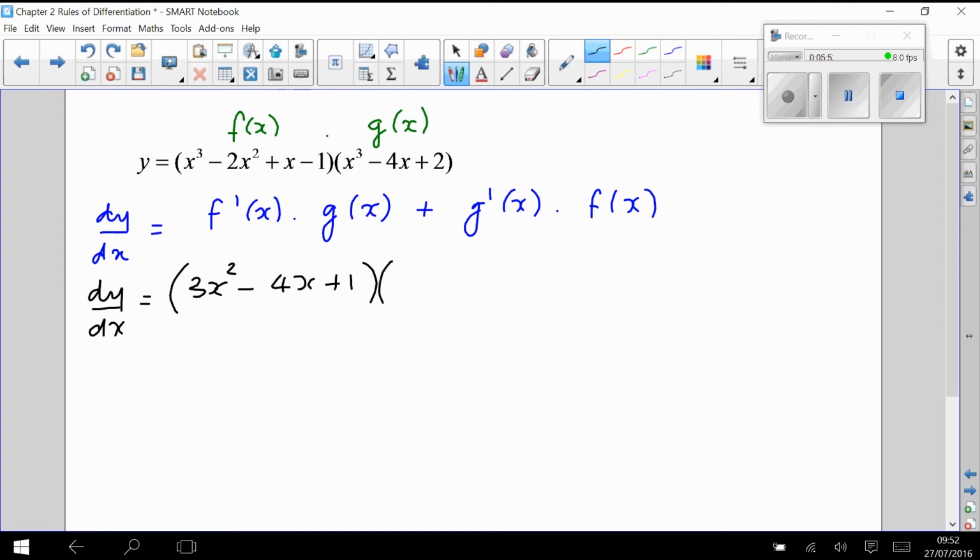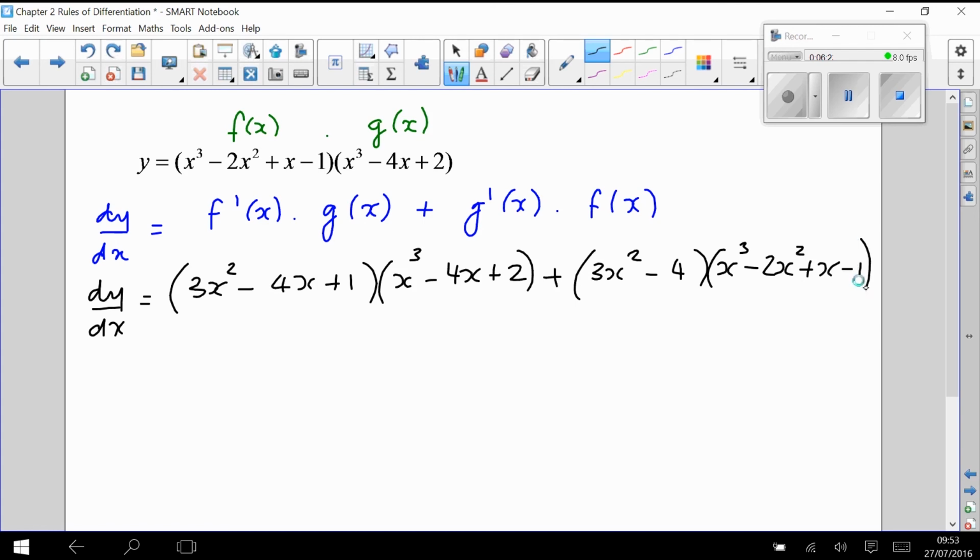Remember, I have to times that by g of x, which is the original function of x cubed minus 4x plus 2. And then I must add that answer to the derivative of g of x, which is going to be 3x squared minus 4, and I times that by the original function for f of x, which was x cubed minus 2x squared plus x minus 1.